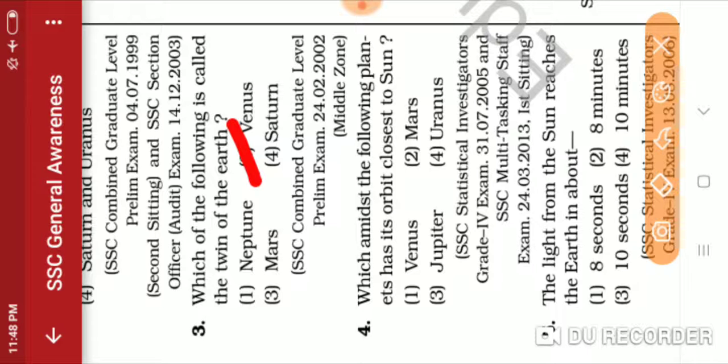Which amongst the following planets has its orbit closest to the Sun? You know that the planet closest to the Sun is Mercury. But the Mercury option is not given. The second closest is Venus. Okay.